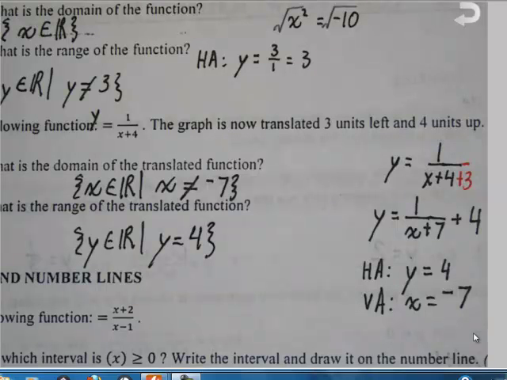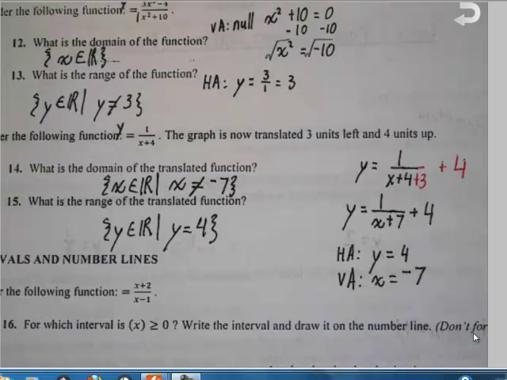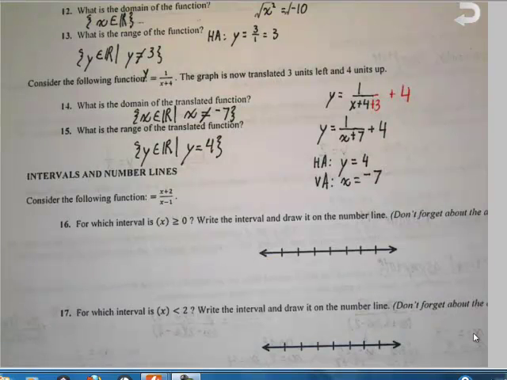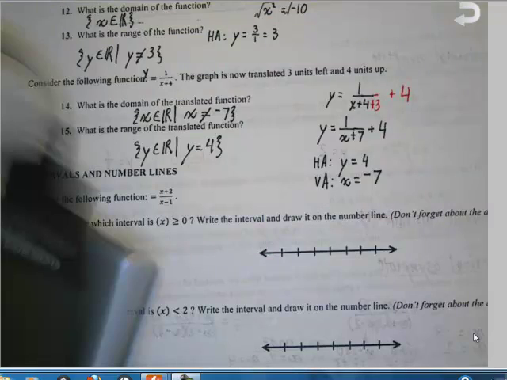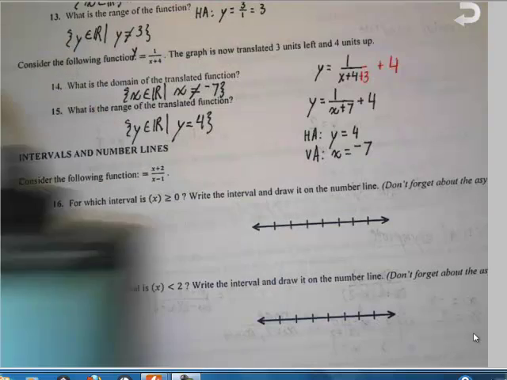Now, 16 and 17 are a bit of an interesting challenge. So let me zoom out so you can see the number line, and actually translating it to the number line is going to be the interesting part. On your paper you should be able to see the function. And I'm just going to graph it on my handy dandy calculator to give you an idea.